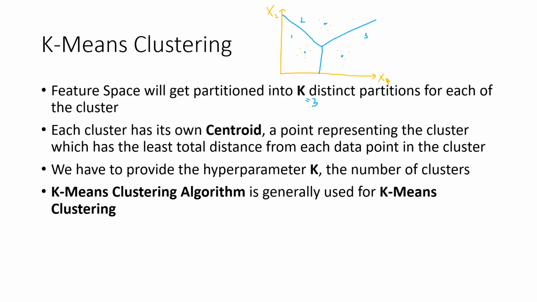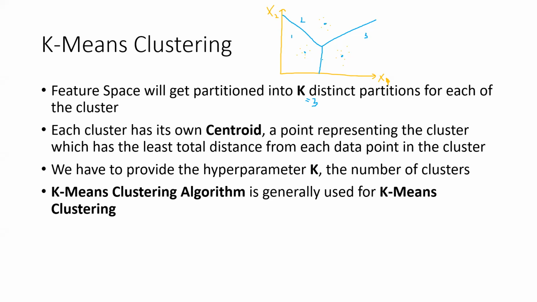We generally select that point as the one where the distances to each of the data points are minimum compared to others. In this case we don't consider other clusters. We consider each of the clusters separately and find the point that has the least amount of distance from all the data points in that particular cluster. That is known as the centroid of the cluster.